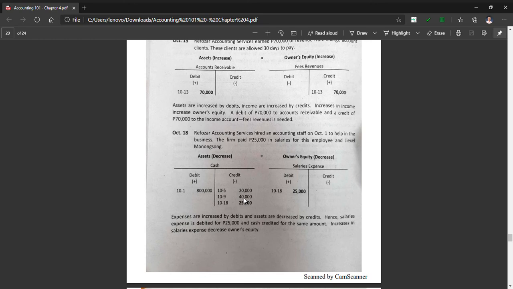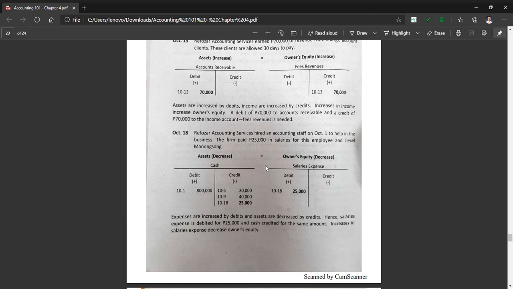So, dahil walang na-affect na asset and walang na-affect na liabilities, it is an expense. Expense to, or meaning gastos natin ito, right? So, yung expense, it decreases your owner's equity.